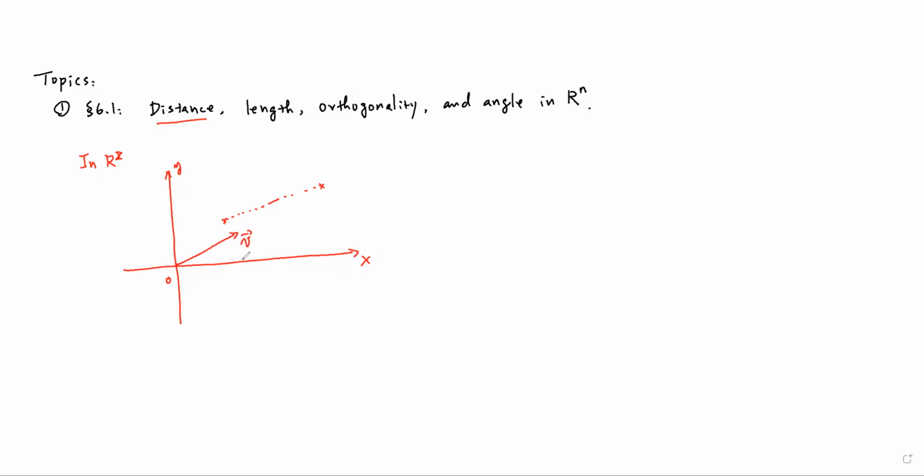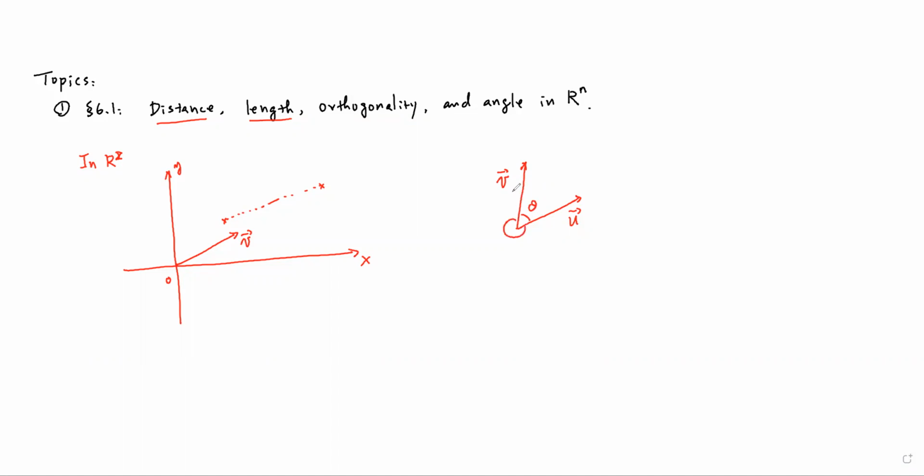The vector has a length, and any 2 vectors in R2 have 2 angles between them, this angle and this angle.